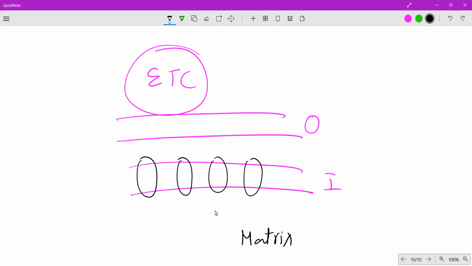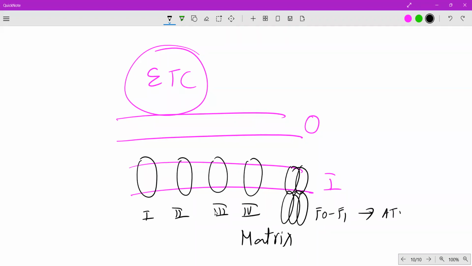Mitochondrial ETC only has 4 carrier complexes: 1, 2, 3, 4. This is ATP synthase. Some people call it 5, but it is simply the F0F1 particle, which is ATP synthase.